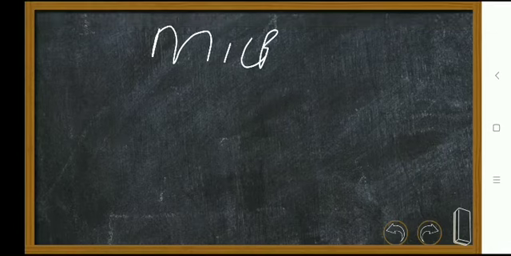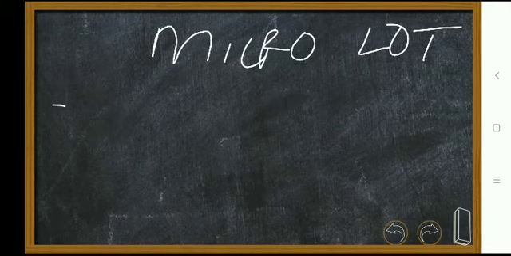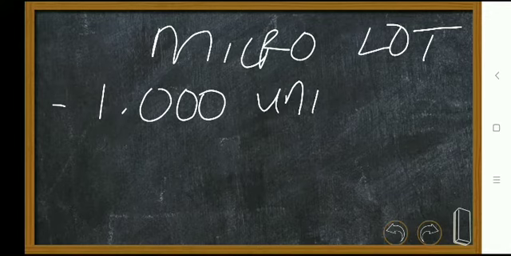So let's move to the micro lot. The micro lot is equivalent to 1,000 units. This is the smallest one. Remember, we are talking about 1,000 units of the base currency.